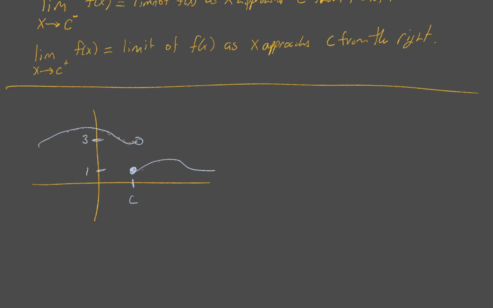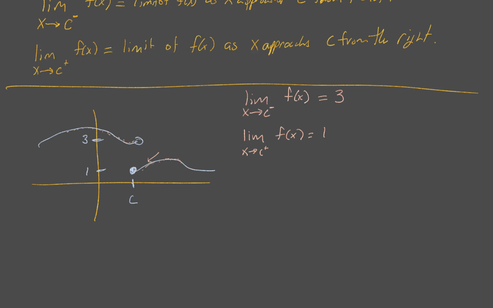So we can write down the limit as x approaches c from the left, from the negative side, of f of x equals 3. The outputs are going to get closer and closer to 3. The limit as x approaches c from the right, from the positive side, the output values are approaching 1.